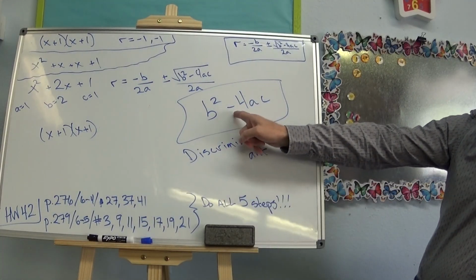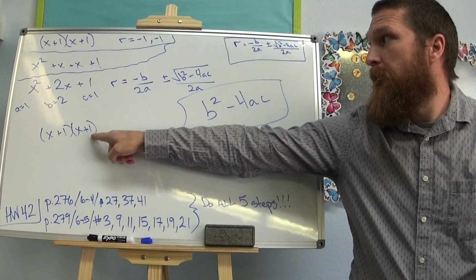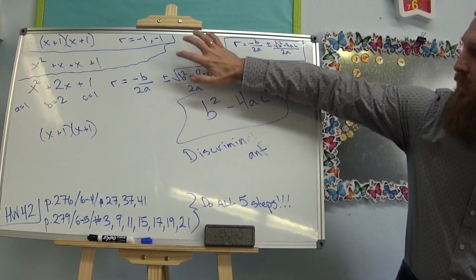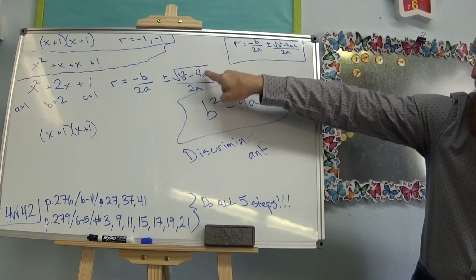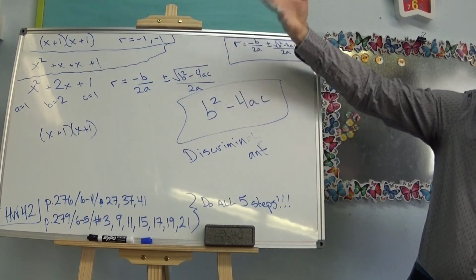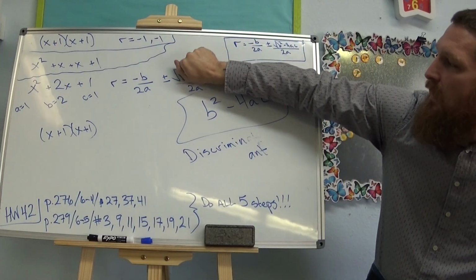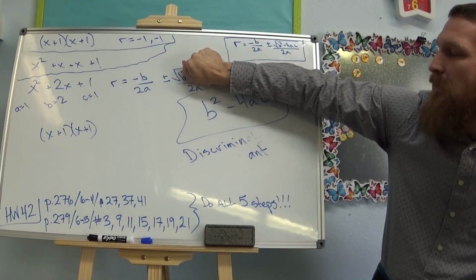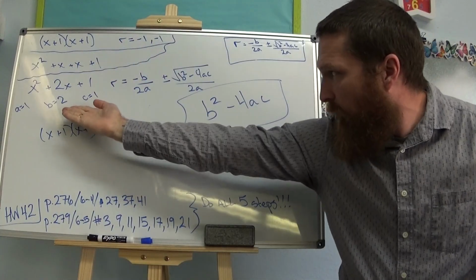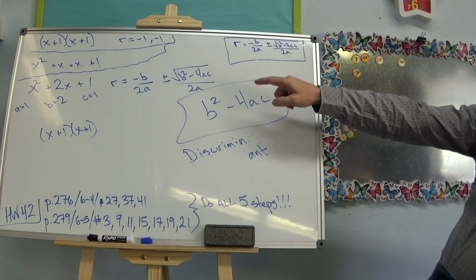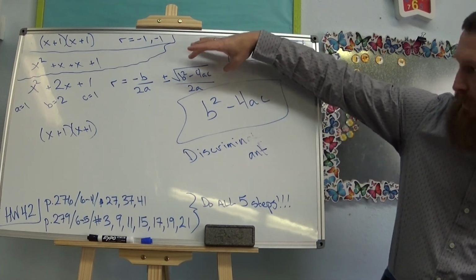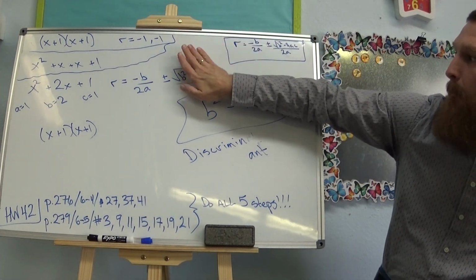If it's 0, then you have repeated roots. Right? Because if this is 0, this whole thing becomes 0. If what's in there is 0, then the square root of 0 is 0. 0 divided by anything is 0. And so you end up with plus 0 minus 0, and so you end up with repeated roots. If it's positive, then this is not 0, and you have some number here.